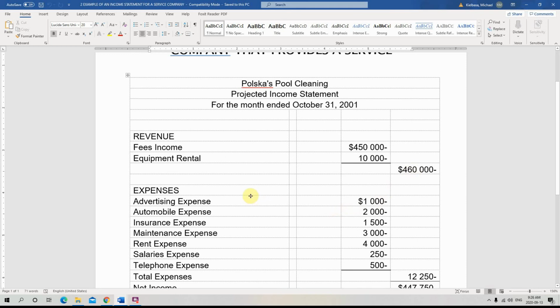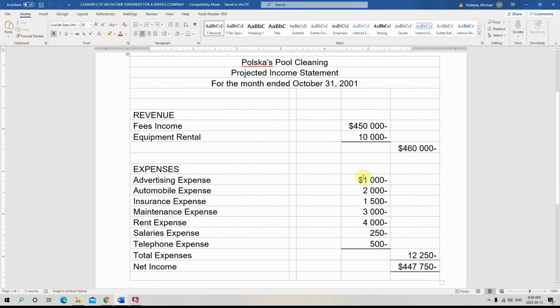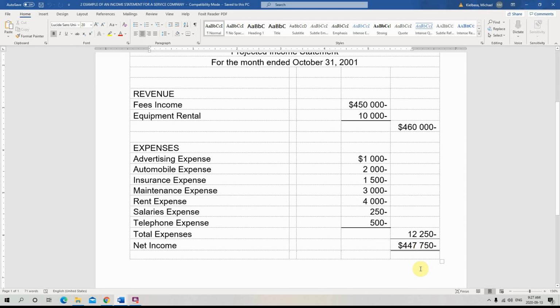For the expenses, again, you put them in the middle column, add them up, and in this case you get 12,250. Again, you can write total expenses or not, but notice that this total and this total are being subtracted from one another. So in this case, the revenue is greater than the expenses, so we have a net income of 447,750.